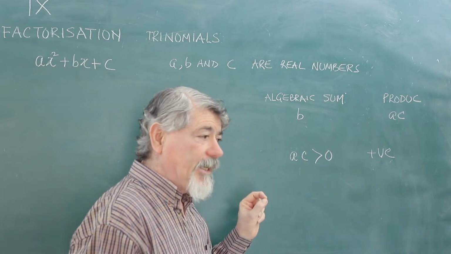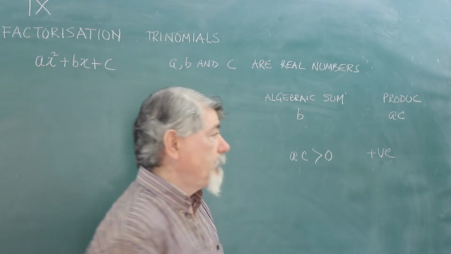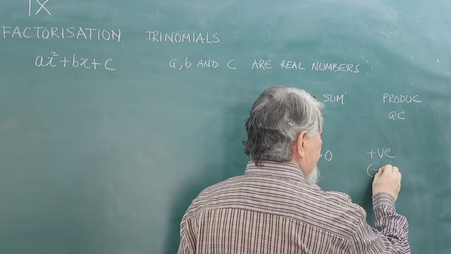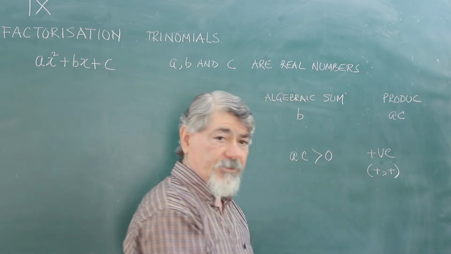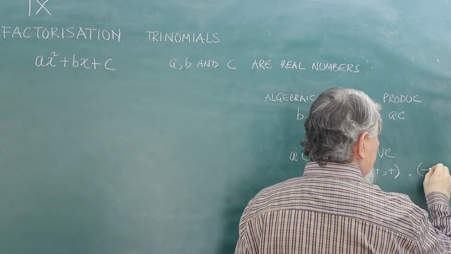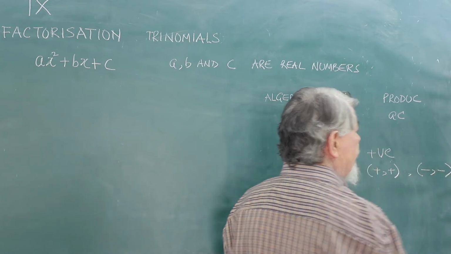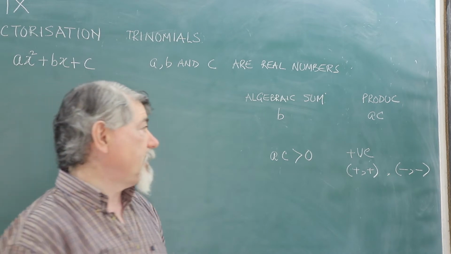That means A and C both will have to be of the same sign. That means either A has to be plus and C has to be plus, or both have to be minus. They have to be of the same sign.